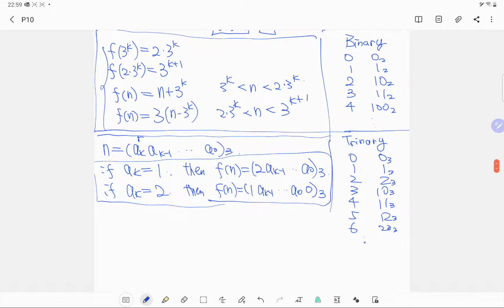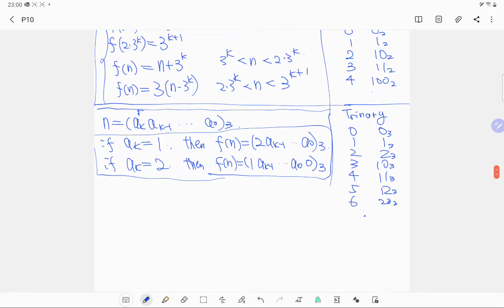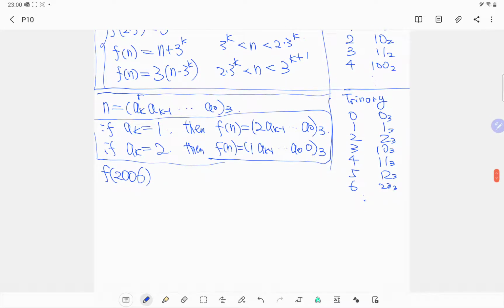So we already come up with the general solution for this functional equation. And of course, we can find f of 2006. So f of 2006, let me find out what is the range of 2006.